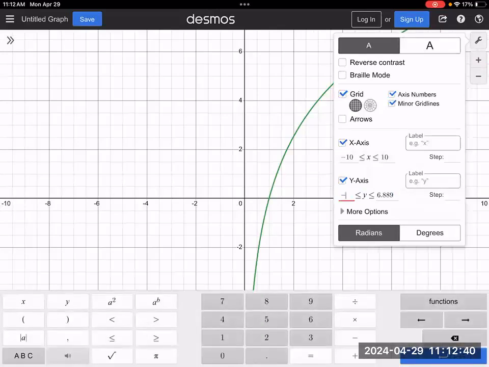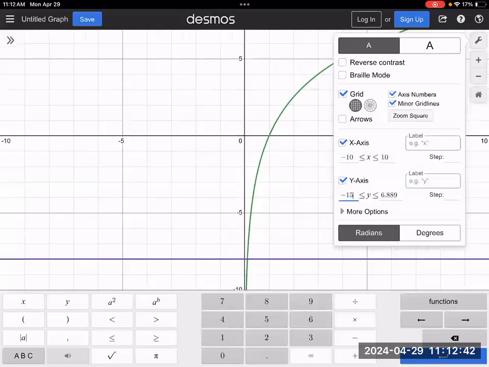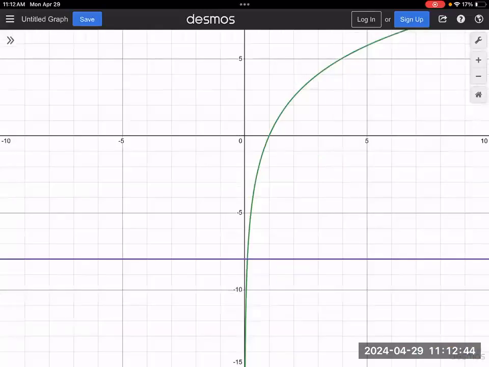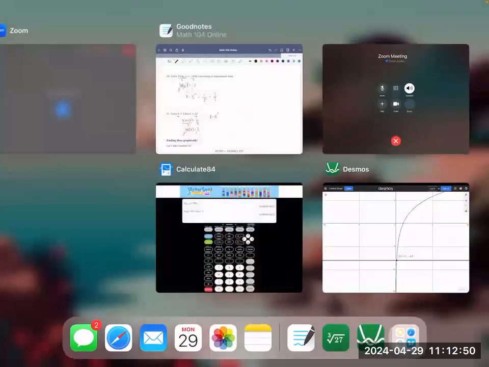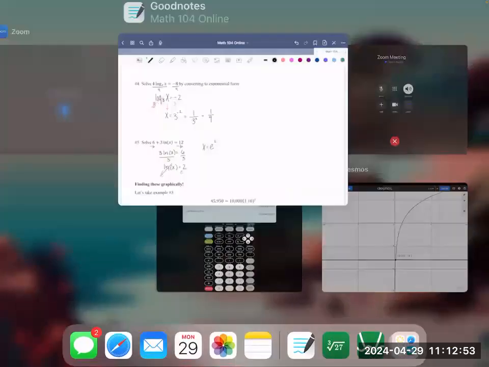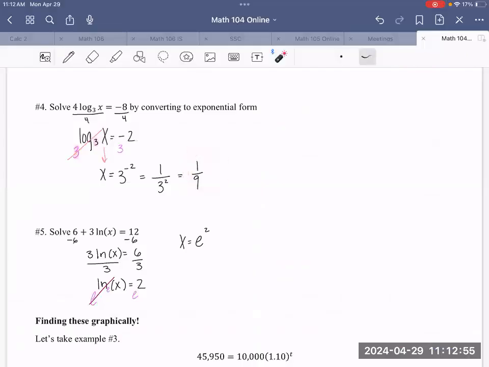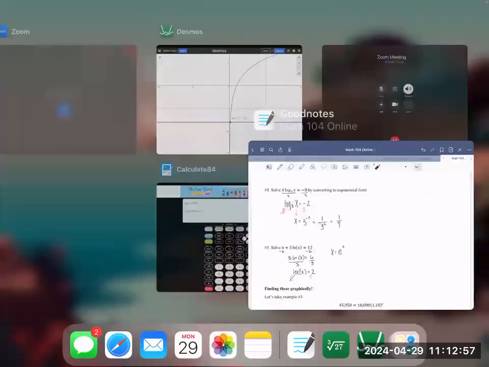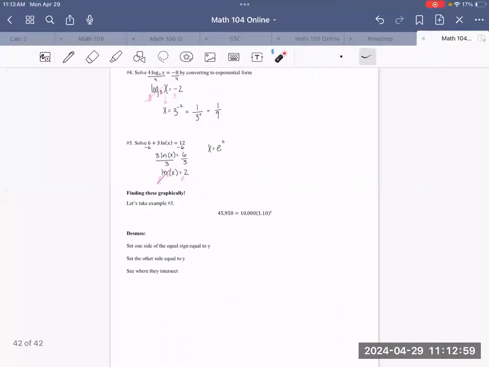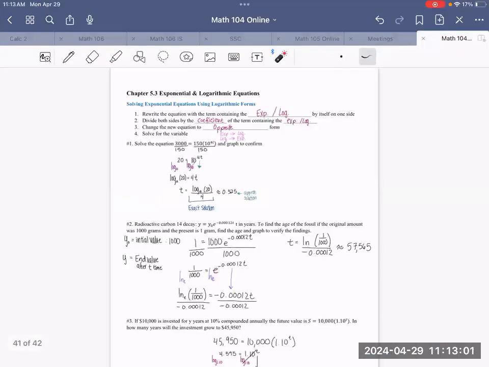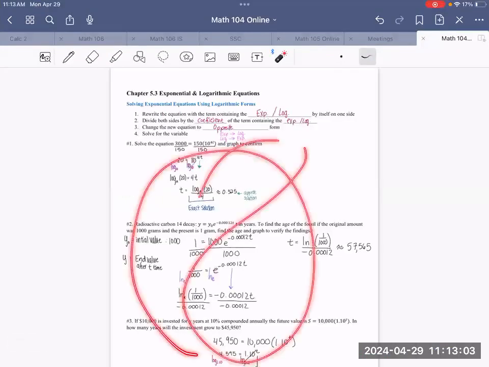Let's do -15. And there you see the intersection. So that intersection is 0.111, which happens to be the same value as 1/9. Okay, that should be it. Make sure you just pick whether you want to do it graphically or by hand.